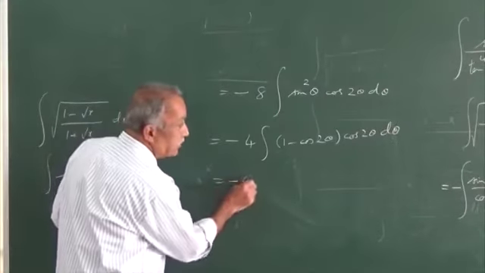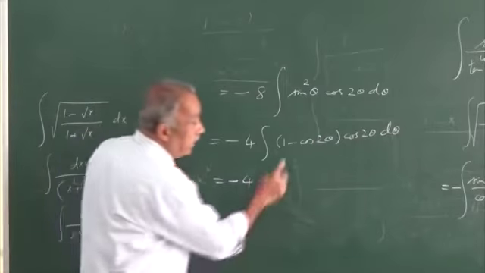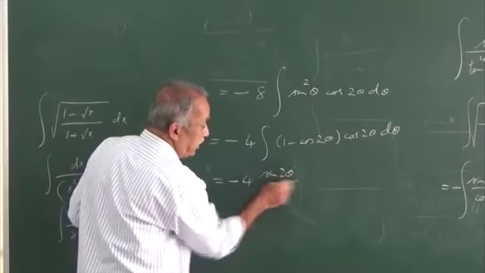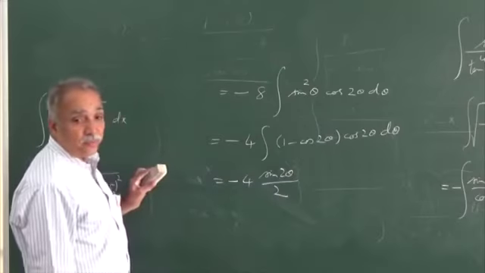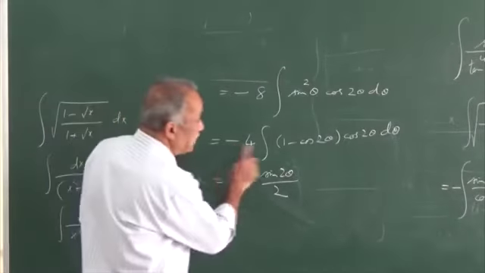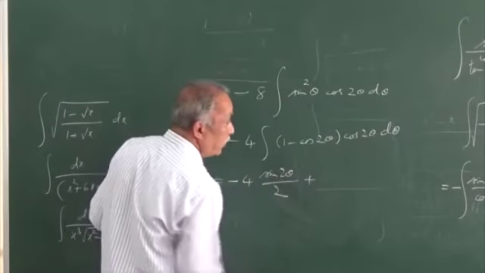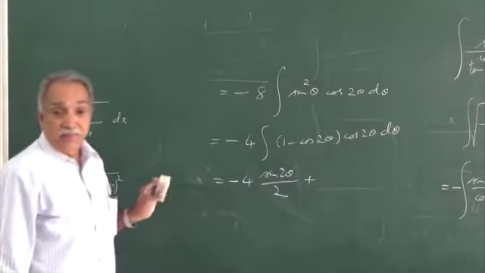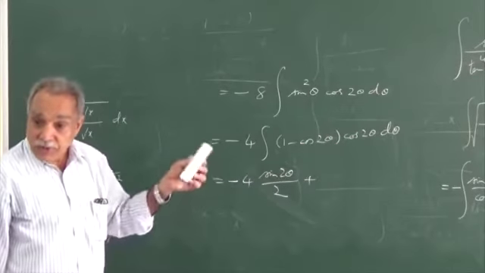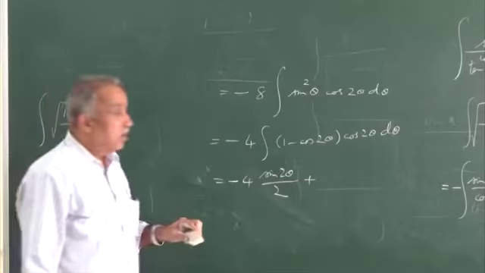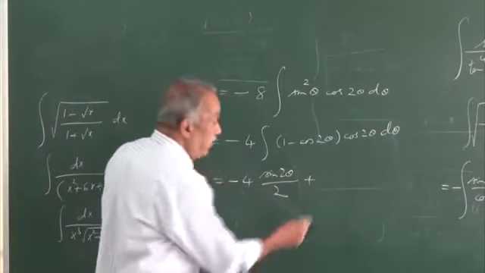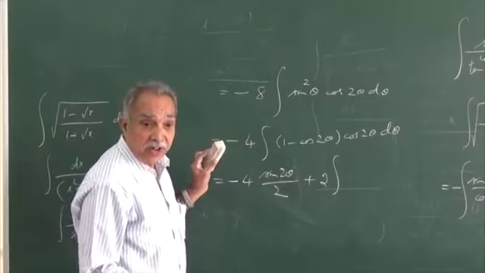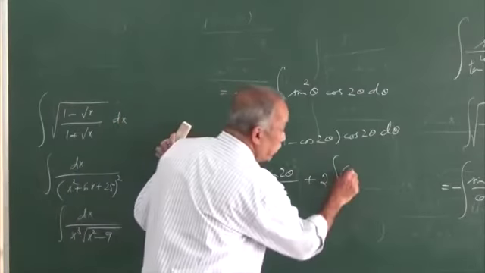It is minus 4 into integral cos 2 theta d theta, which is sin 2 theta divided by 2, plus 4 into, you will have to integrate cos square 2 theta d theta. There you require one more reduction of degree. That 4 cos square 2 theta may be written as 2 into integral of 2 cos square 2 theta, which is 1 plus cos 4 theta.